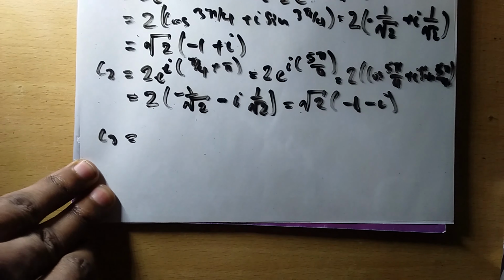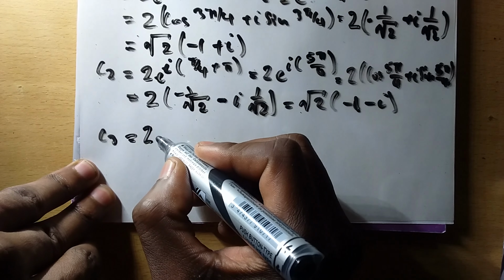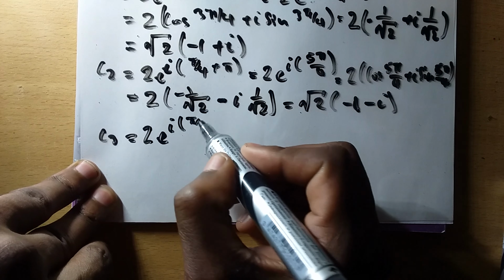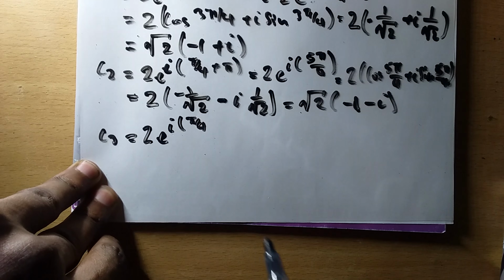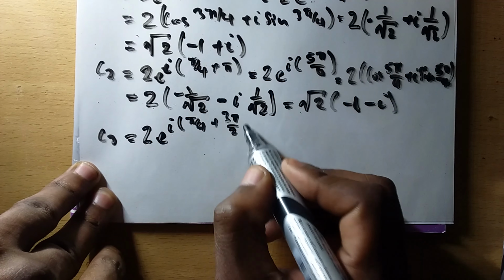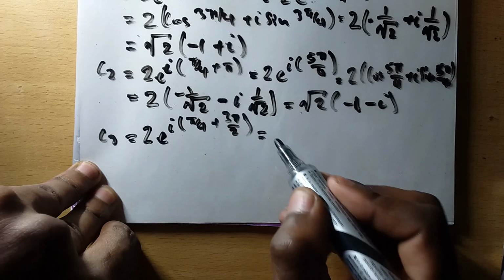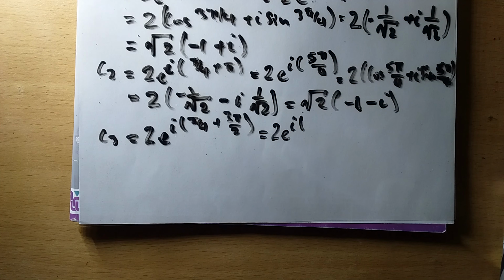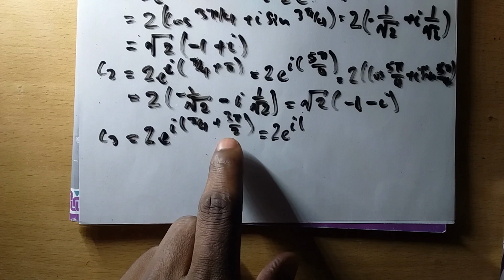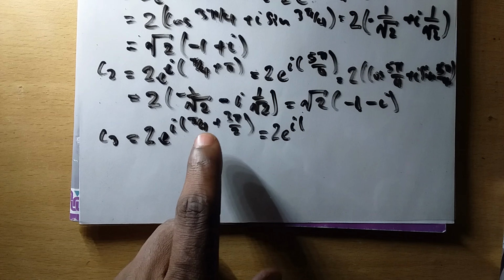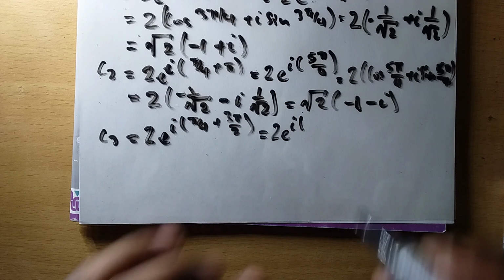C3. So we're going to have 2 e to the i, here we have pi over 4, and for k equal to 3, we're going to have plus 3 pi over 2. Multiply here by 2, so 6 plus that is going to be 7 pi over 4.